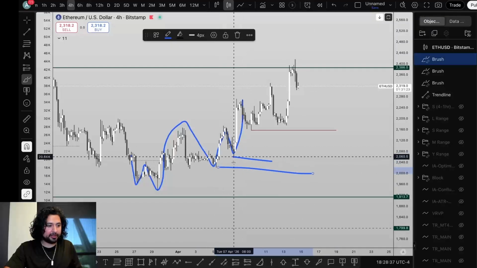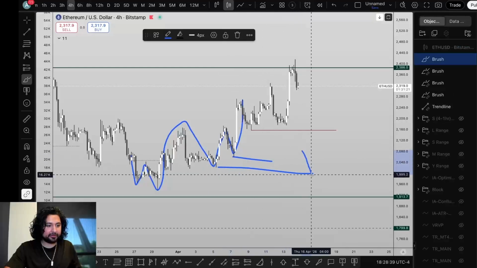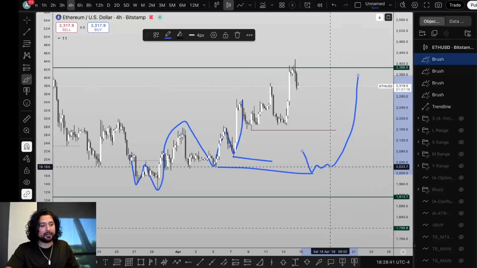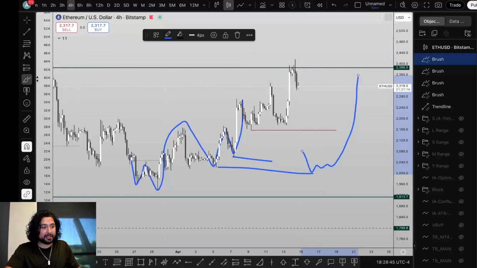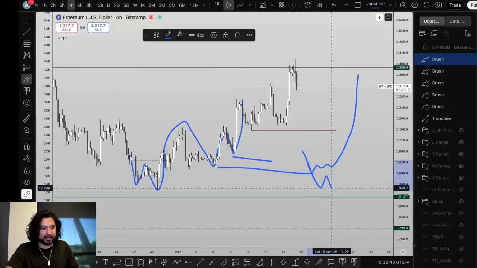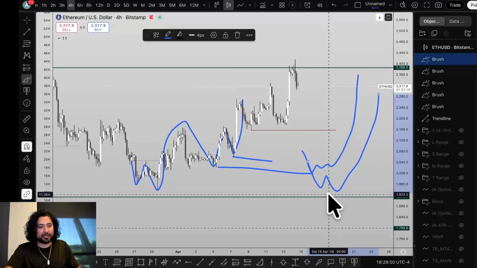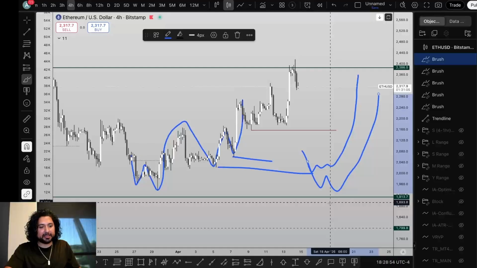So this would be the last zone to look for a W formation and get out of here. If we get underneath here, we do have an unmitigated order block, and that's why I'm anticipating maybe an SFP again. But I do not want to get back underneath 1,913.